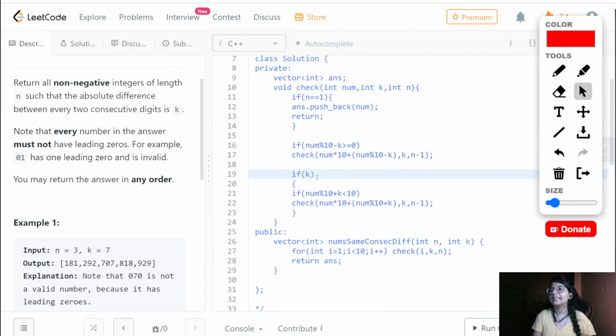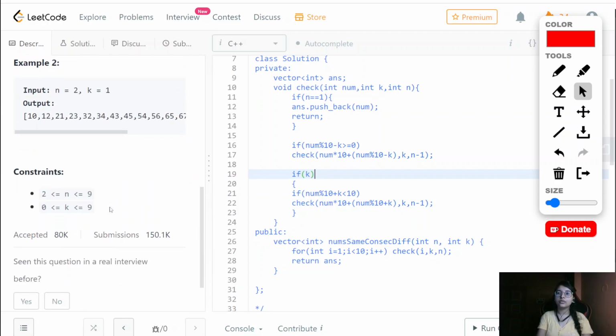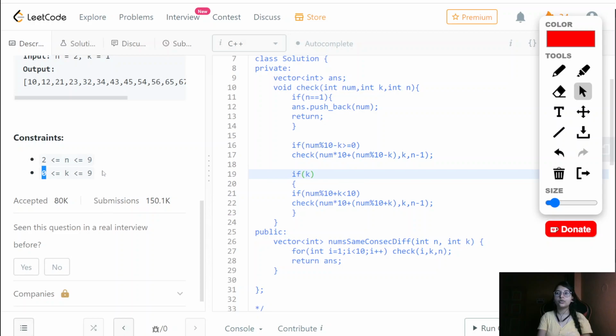Else, in this particular case, if k is 0, right? At that moment, even if we add something or subtract something, it won't be valid. So here we keep a check that k is equal to 0, because you can check that k is in the range of 0 to 9.